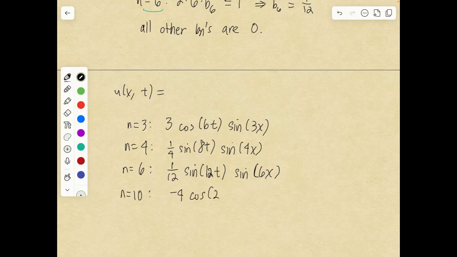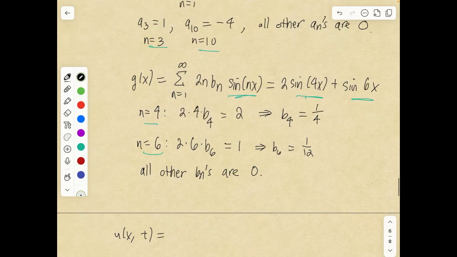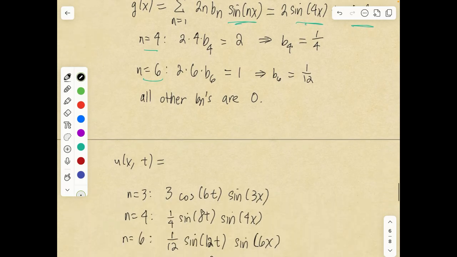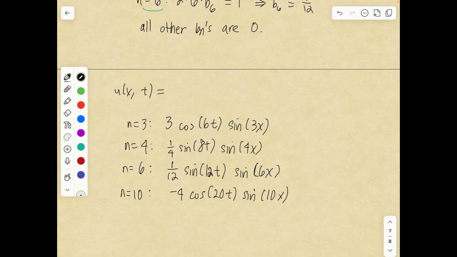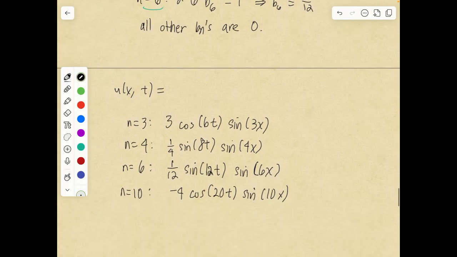Then for n equals 4, you get 1/4 sine 8t times sine 4x. Then for n equals 6, you get 1/12 sine 12t times sine of 6x. And then for n equals 10, you get -4 cosine 20t times sine 10x.